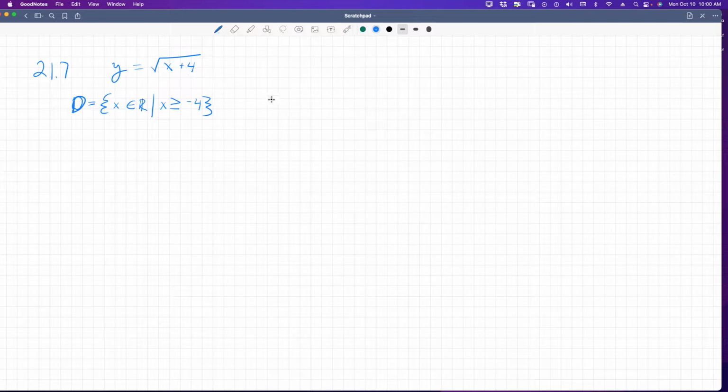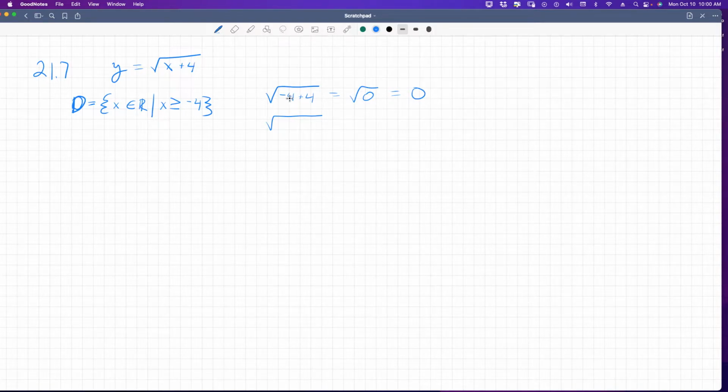And let me show you why. If I have negative 4 here, then that's going to equal the square root of 0, which is going to equal 0. If I have greater than negative 4, and this is something you have to wrap your head around a little bit, as the number here gets bigger, it's actually getting smaller.